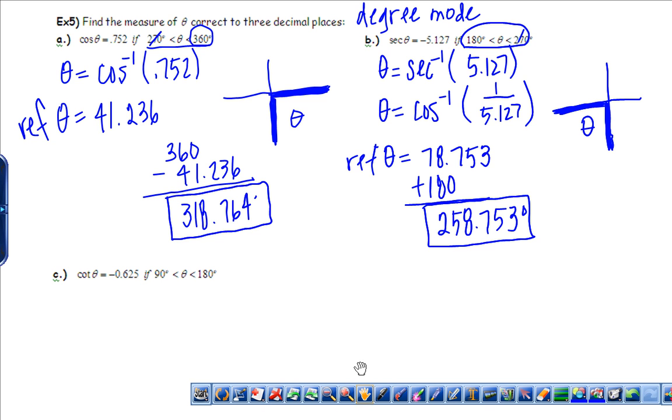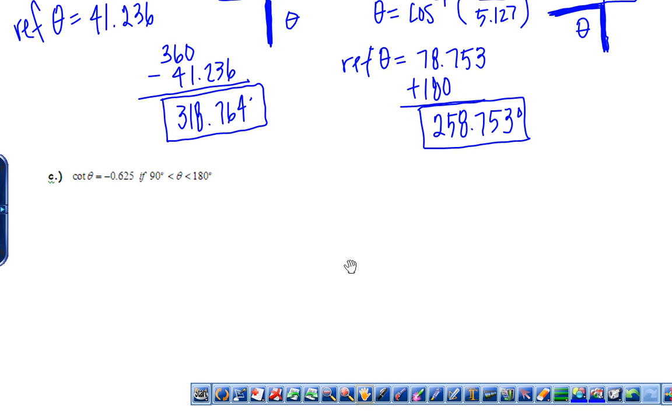Okay, one more. If I have a cotangent angle of negative 0.625, that means an arc cotangent of negative 0.625. If arc cotangent is that, then arc tangent is 1 over.